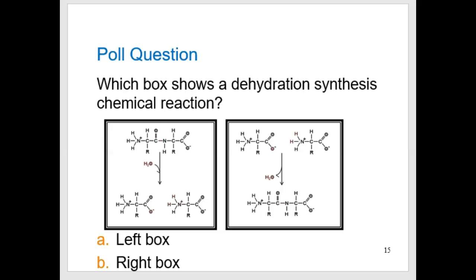Is dehydration synthesis shown in the box on the left or on the right? And the answer is the right box, because of course you put two smaller units together to make a larger unit. Okay, that's your introduction to organic molecules.